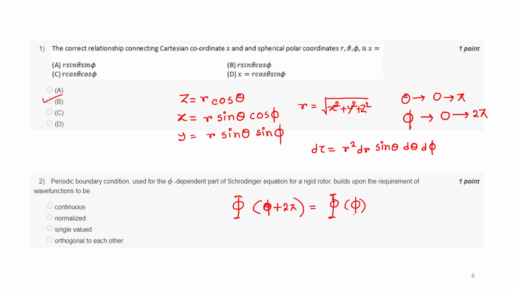This is built upon this condition, and that is single valuedness. That means if you move from a phi angle through 2 pi, you come back to the same position. So you are going to have a single value. Obviously it is continuous, but the main thing is that it is single valued, and that is why we can equate these two. So this is the answer to the second question.